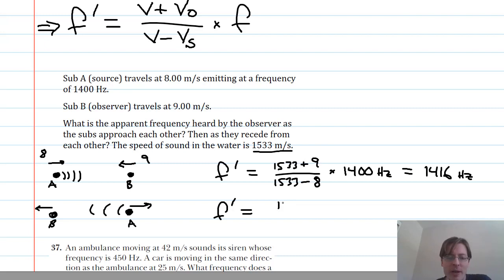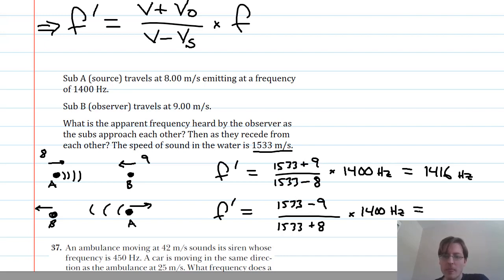So now in the numerator, I would have 1533 minus 9. Notice how I had to change the sign. The denominator has to do with the wavelength. And the wavelengths are lengthened. So I would have 1533 plus 8. For this case, I multiply that Doppler factor by 1400 hertz. And that gives me a lower frequency, which comes out to be 1385 hertz.